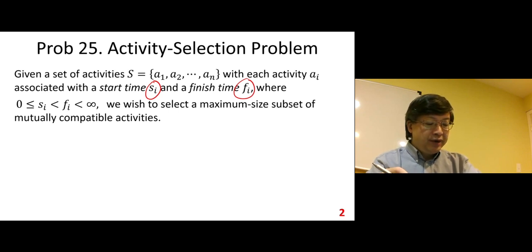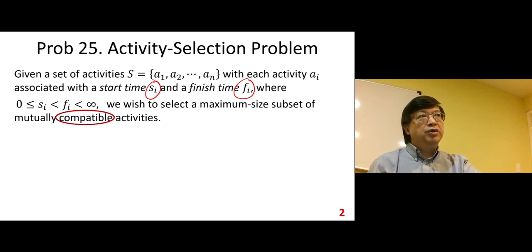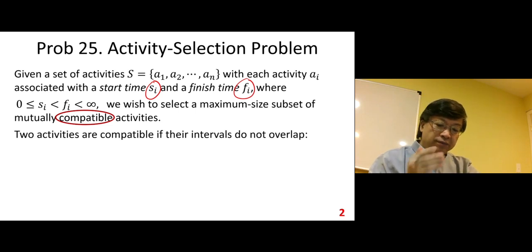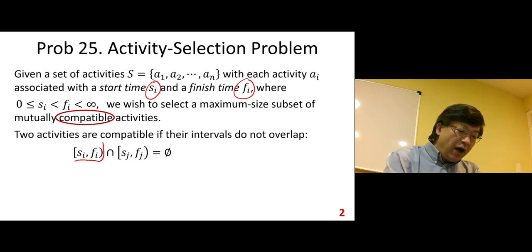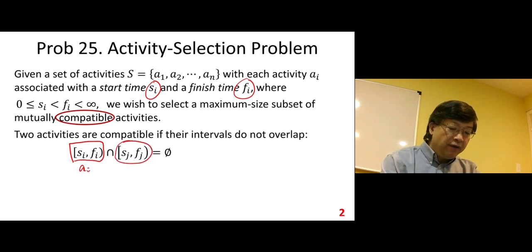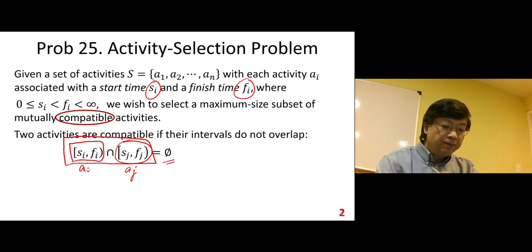Here, let us describe this compatibility using a math formula. What is the meaning of two intervals being compatible? We use this formula: the covering interval for activity AI and the covering interval for activity AJ, the intersection of these two intervals is an empty set.